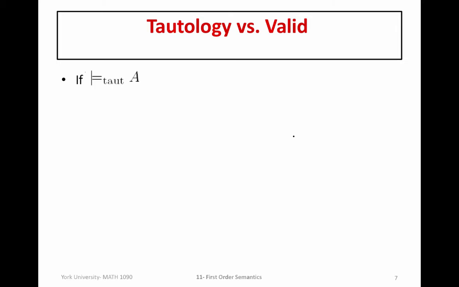So luckily, if we do all of that and discover that A is a tautology, then it turns out that every interpretation of A will also be true. So if A is a tautology, then it's also valid, which is good. However, on the other hand, being valid is a much stronger property because we're not stripping away the meaning of the quantifiers.